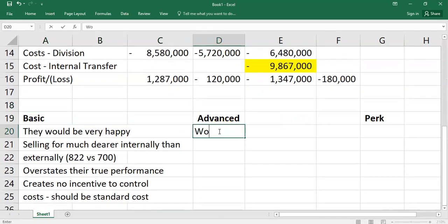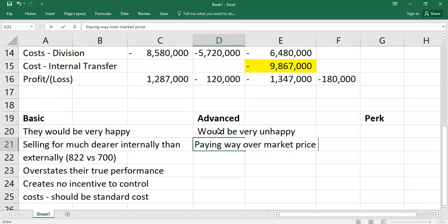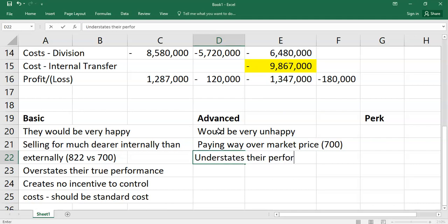Advanced would be very unhappy, paying way over market price based on the 700. What's the market price? It understates their performance because remember, Advanced is also a profit center. They're going to be very unhappy because they're going to get no bonus now, and they're going to look like they're a very poor division, right?